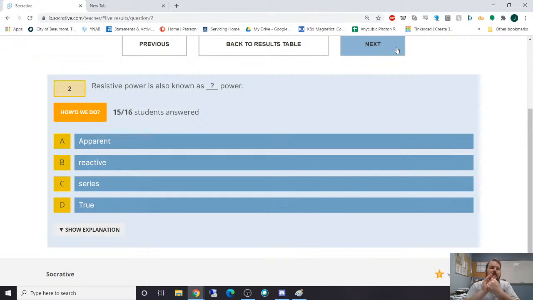All right, resistive power is also known as true power. True power is only in the resistors. Everything else is known as other things.